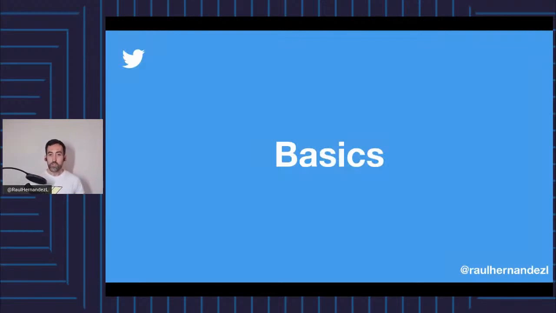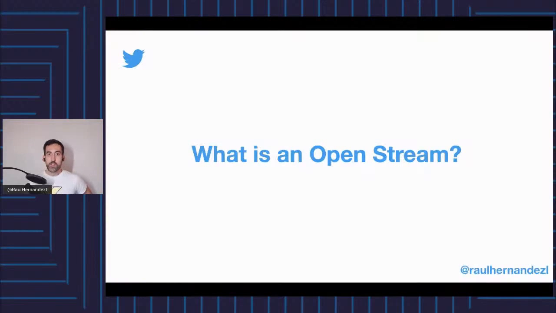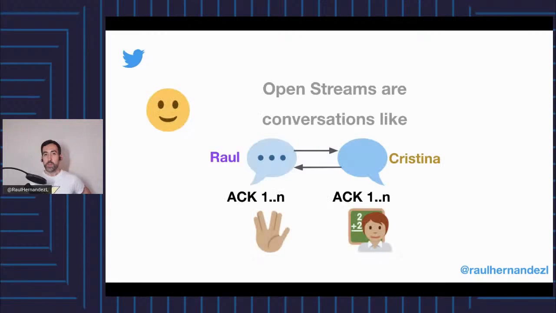But let's see now some basics that for me are really important to better understand calling coroutines in general. Let's start with what an open stream is. For me, an open stream is something like this. I say, hey, in Vulkan right now, and somebody on the other side, Christina, is right now practicing or teaching some maths, whatever.